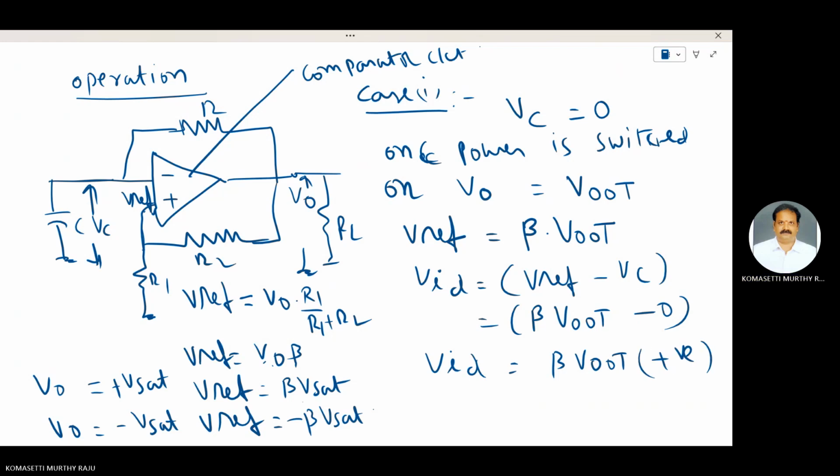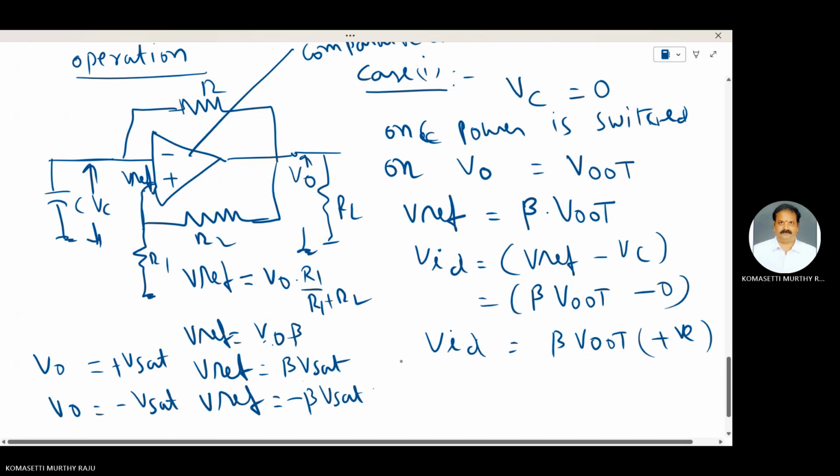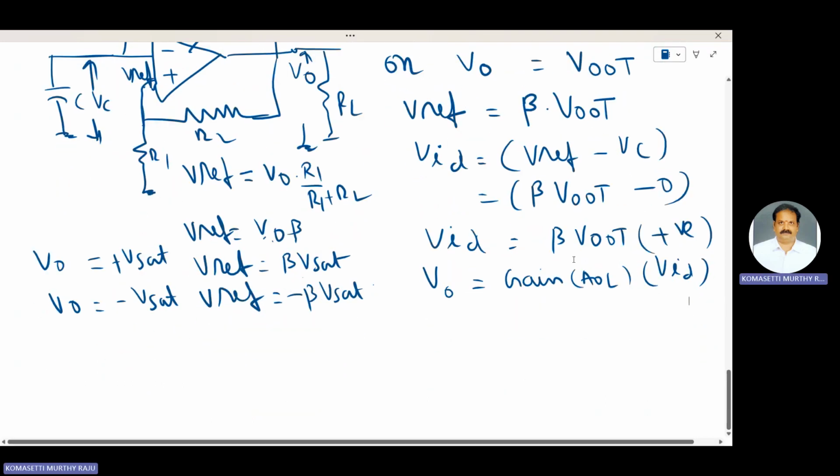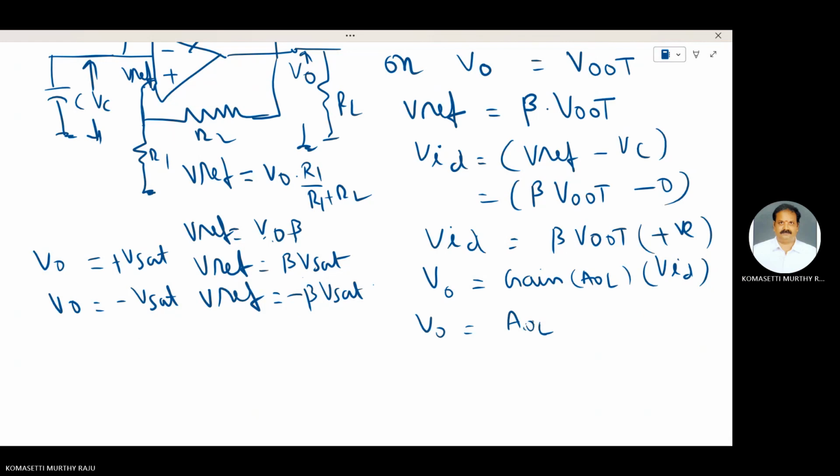The output voltage of the op amp, V naught, is equal to gain AOL times VID. In the practical case, AOL is 2 into 10 power 5 for the 741 IC, and VID is beta times V over T.